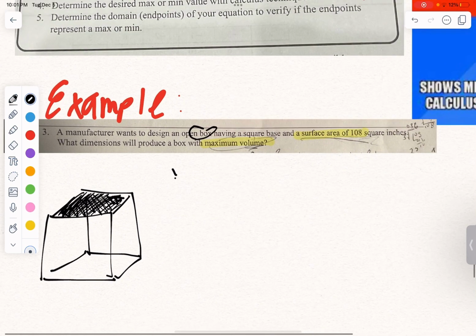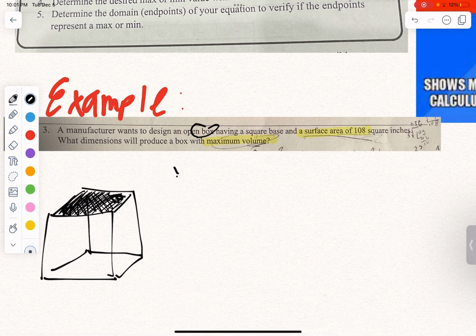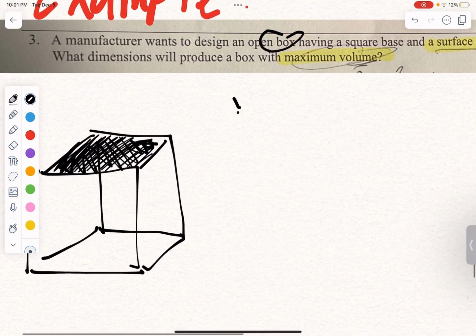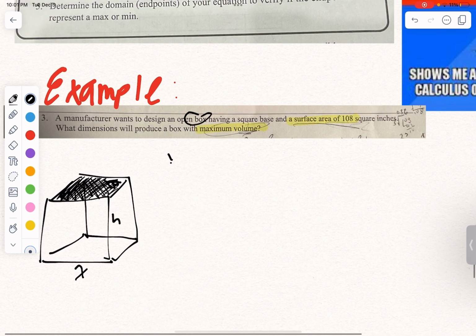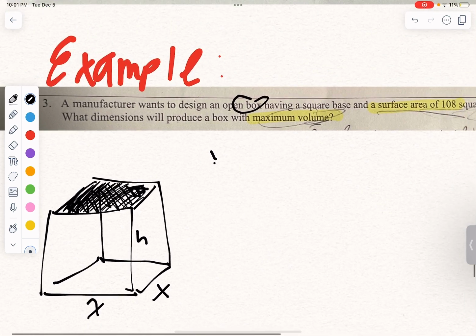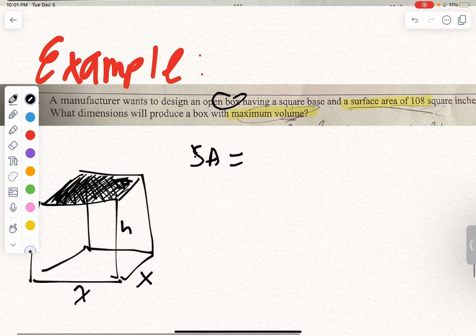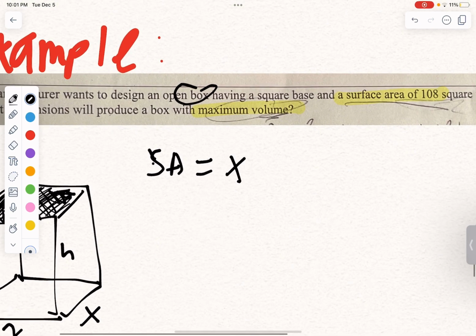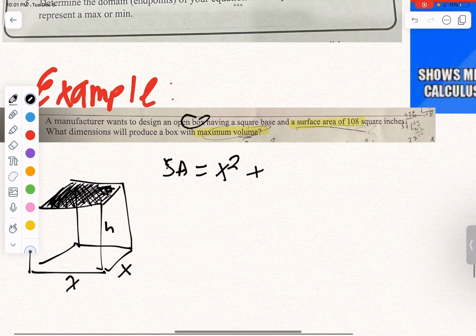And so let's label our box, shall we? We're going to label this side of our box X, and the height is H. Because our box has a square base, this base is going to be X. And so the surface area is going to be equal to X squared, because X squared gives you that base.